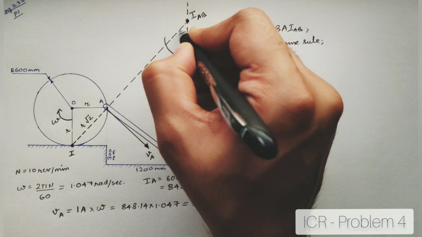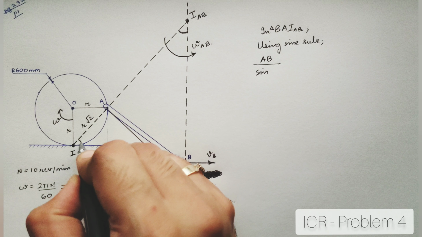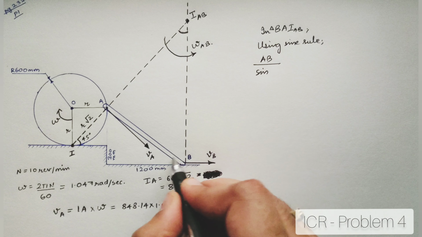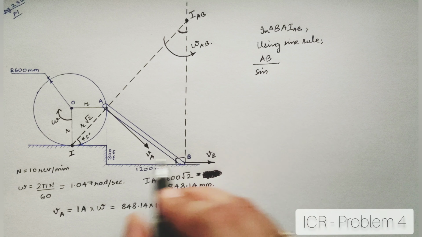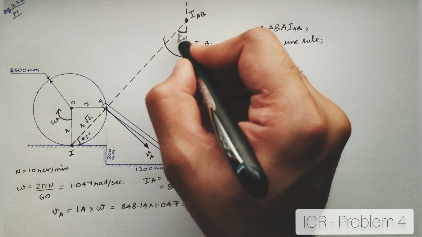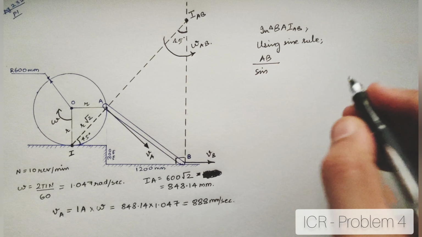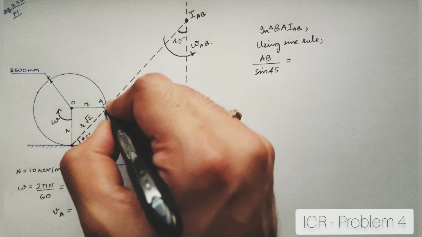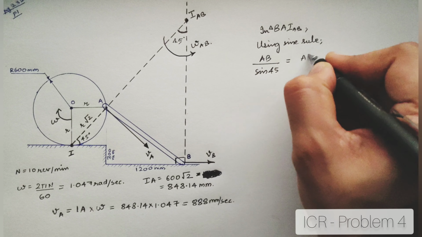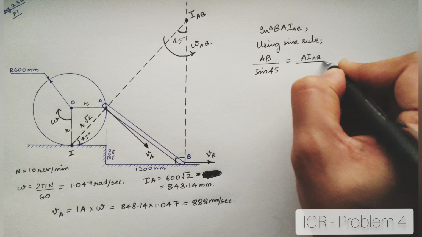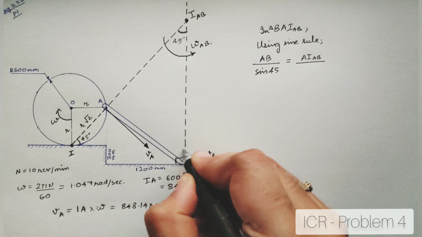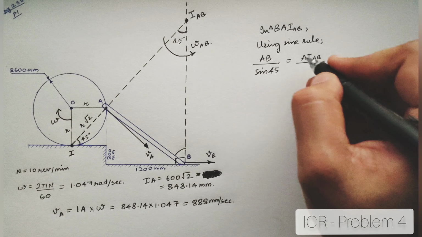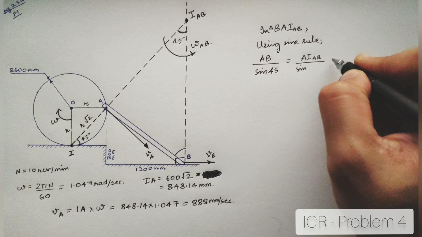What is this angle over here? This angle is 45. So if this is 45 and this is 90, if I extend this as a triangle, then this also has to be 45, correct? So this will be 45, equal to AIAB upon this particular angle. Right now let me think about how I will find that out, so I'll leave the space for that.